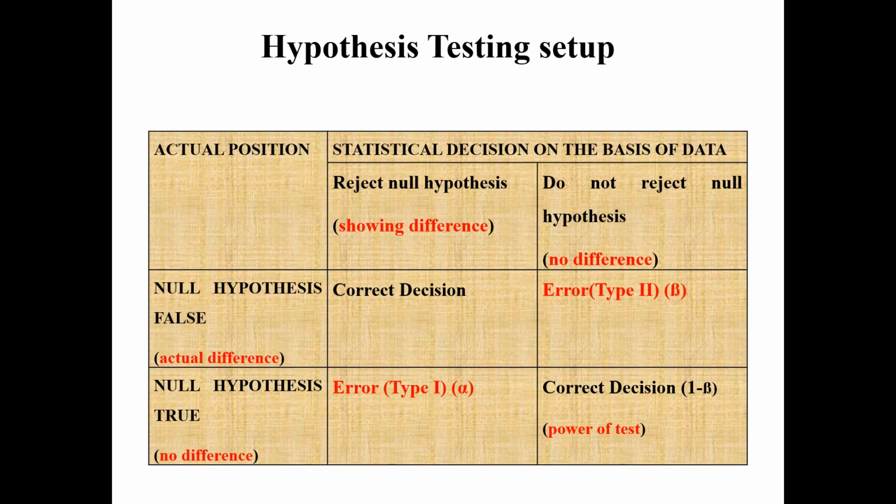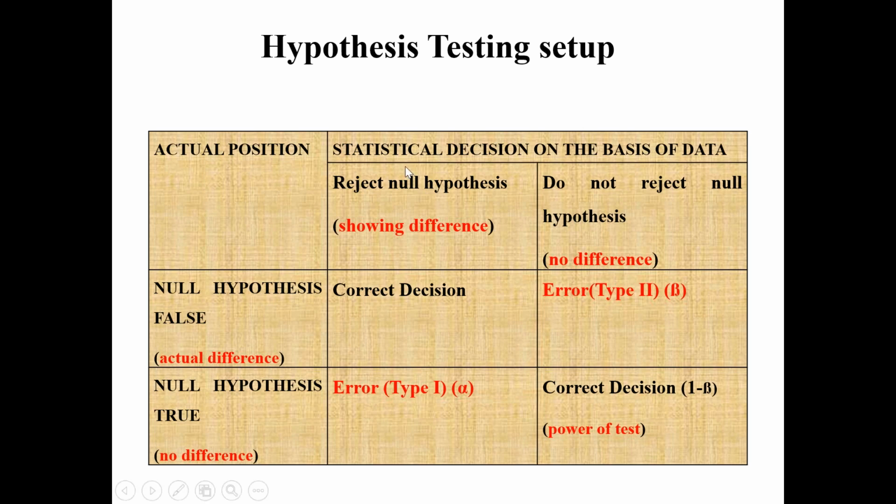Now let us look at this. The actual position on the left-hand side: the null hypothesis is false. That means there is an actual difference. The other situation is that the null hypothesis is true. That means there is a similarity, no difference between the two groups.